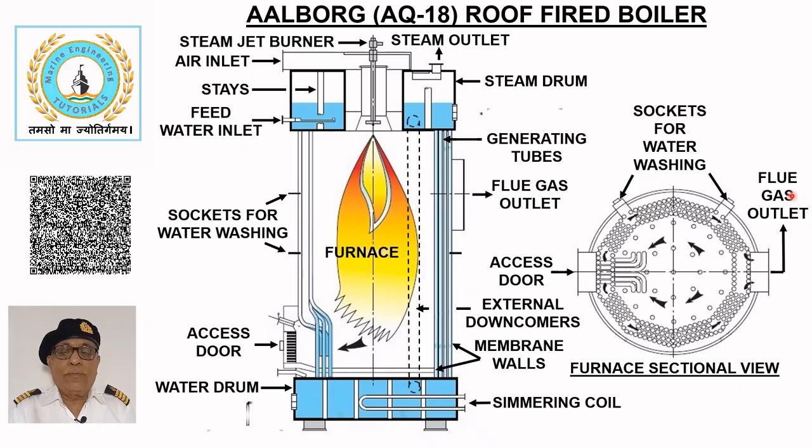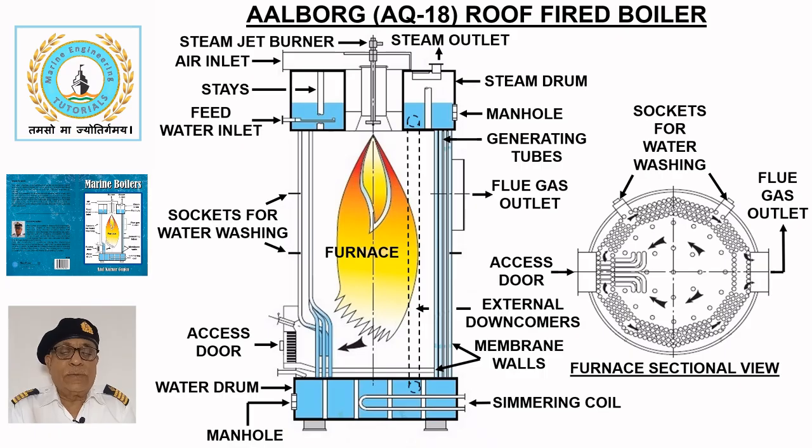Both steam and water drums are equipped with a manhole for internal inspection. The local gauge panel and all relevant boiler fittings are mounted at the top of the boiler. The control system enables fully automatic operation of the boiler and burner systems.